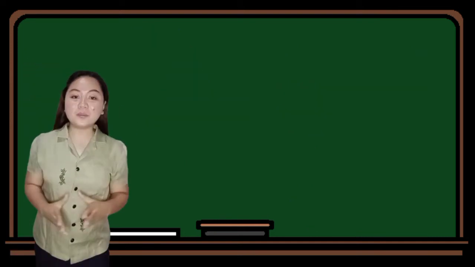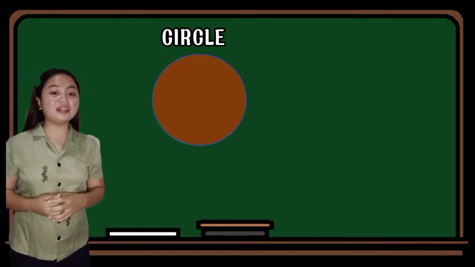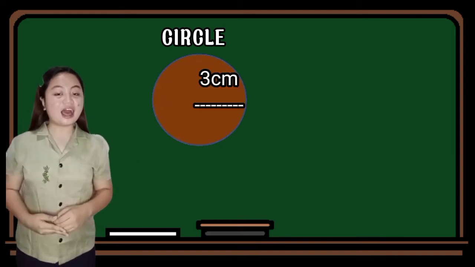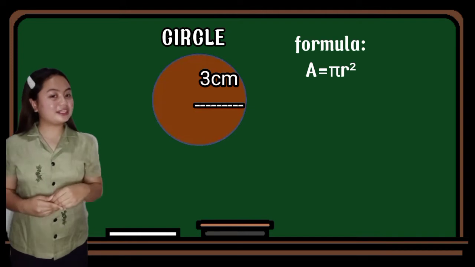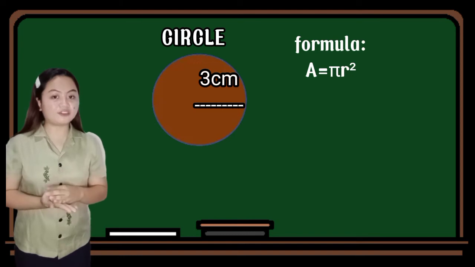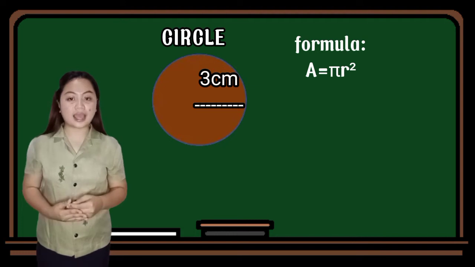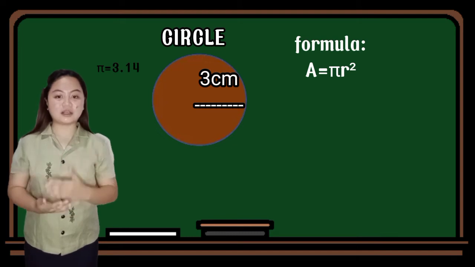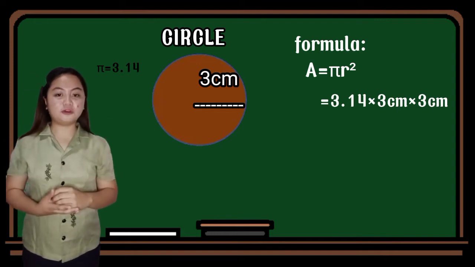Good job, class! How about the area of a circle? In this example, we have a circle having its radius of 3 cm. So to find the area, our formula is pi r squared. R stands for the radius. When we say radius, it is half of the diameter. So we are going to use the value of pi, which is 3.14. Let us now substitute the value. So for pi, we have 3.14.